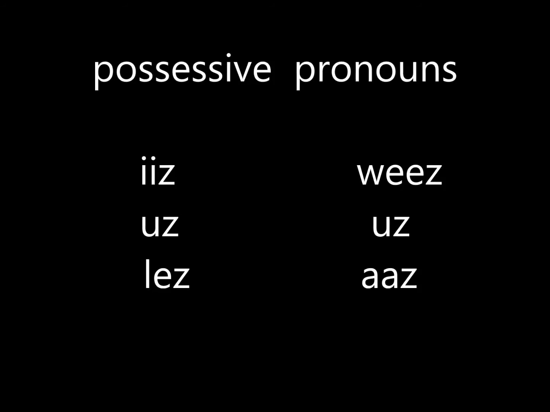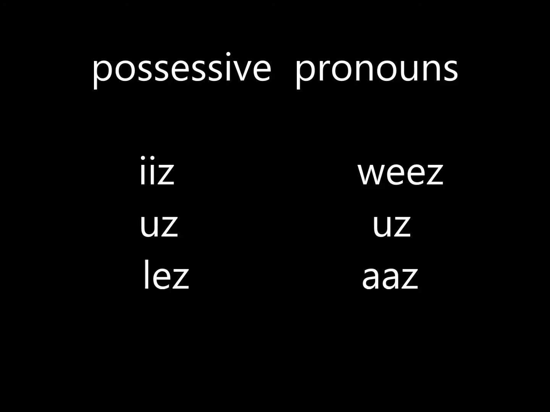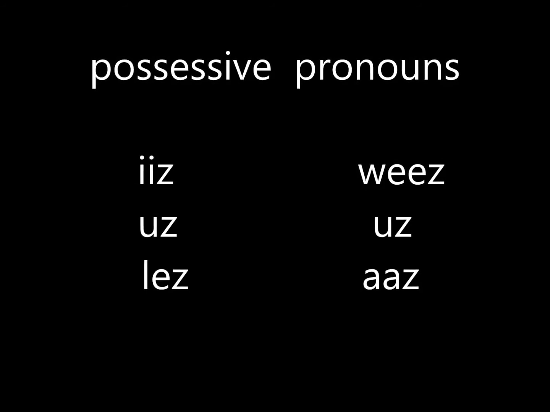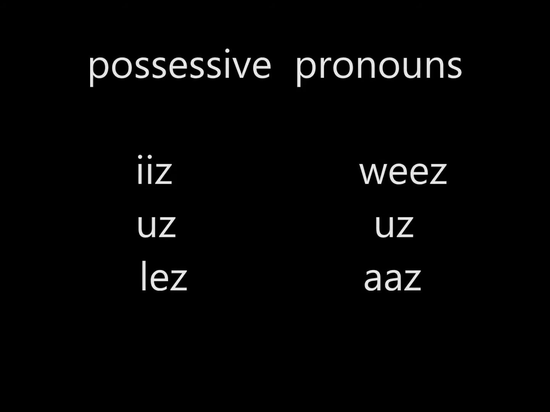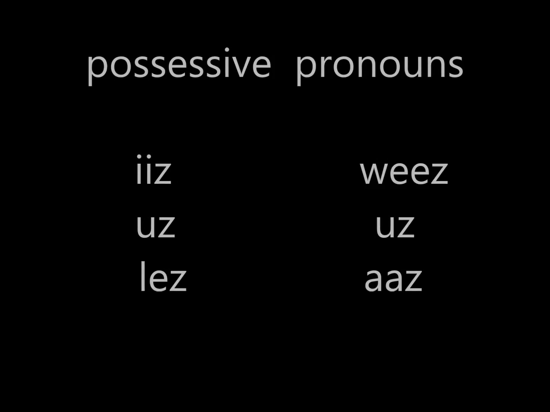Again, all of the pronouns are consistent by adding the letter z to the end to indicate possession. I's, we's, oo's, les, a's. These are short, clear, and easy to pronounce pronouns.